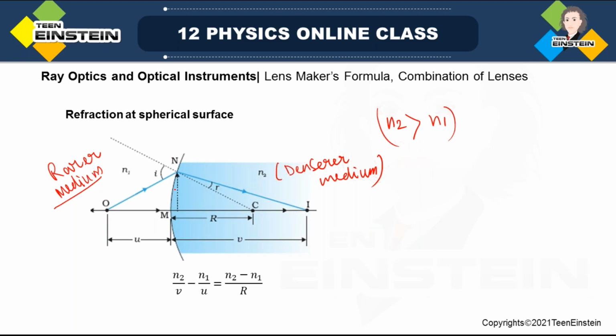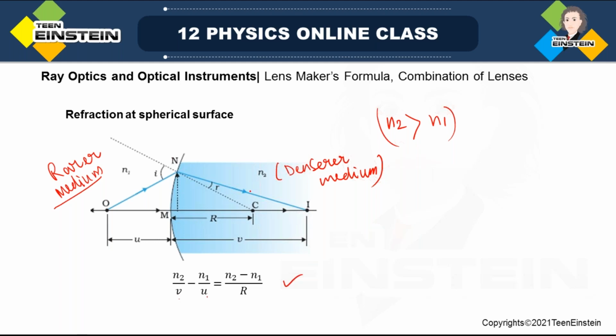Using the geometry and certain approximations, mainly paraxial approximations and small aperture approximations, we had derived this equation: n2 by v minus n1 by u is equal to n2 minus n1 by R. R is the radius of curvature of this spherical interface. This is what we derived, and the details we discussed in the last class.